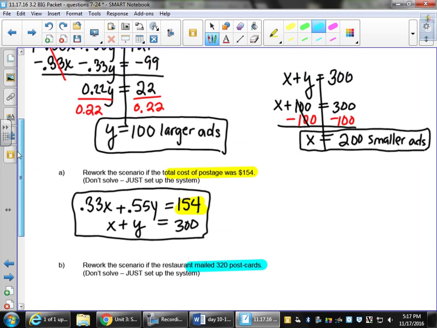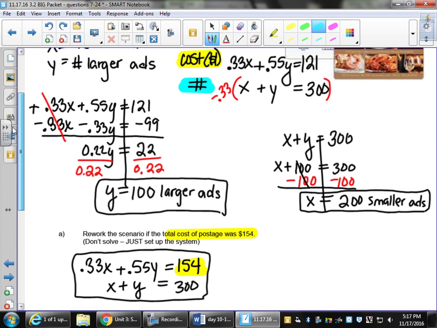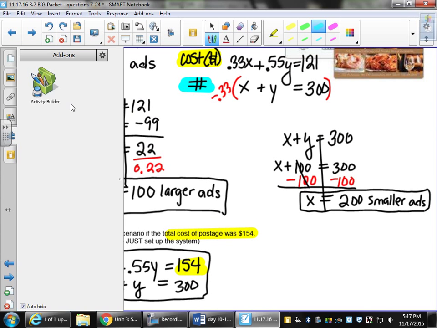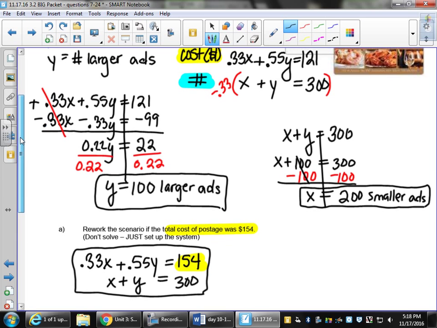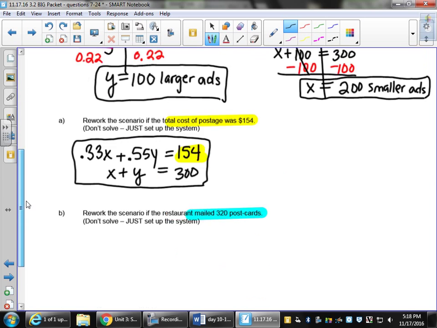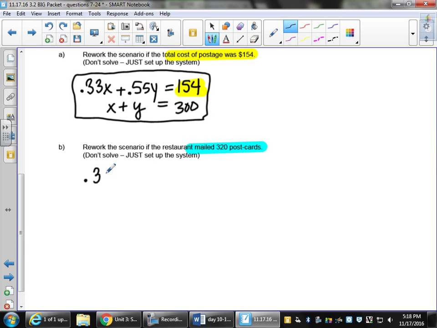So looking at the original system again, no change whatsoever about the money. So this top equation will stay the same: 0.33x plus 0.55y equals 121.